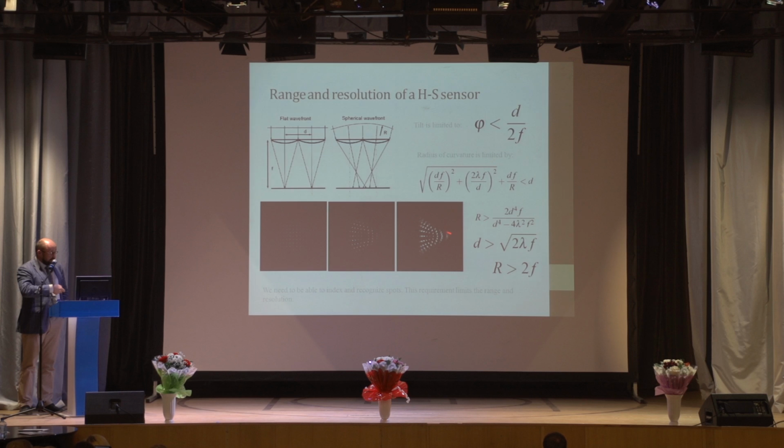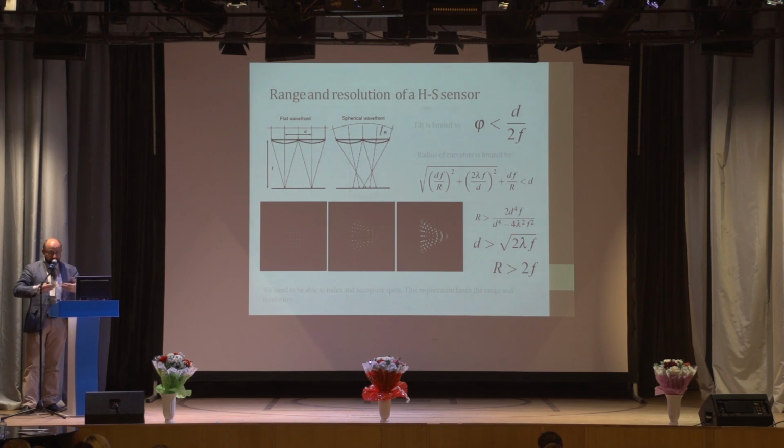And basically, in this case, it's impossible to say which point goes to which location, because some spots are already merged together. It's a very difficult situation. And actually, you can write some simple formulas that will tell you that there are some limits for Shack-Hartmann sensor. And basically, physically, these limits are very simple.